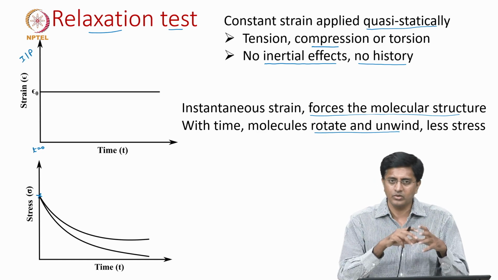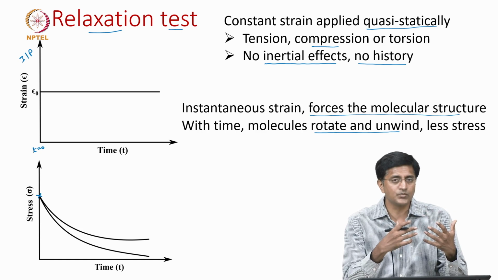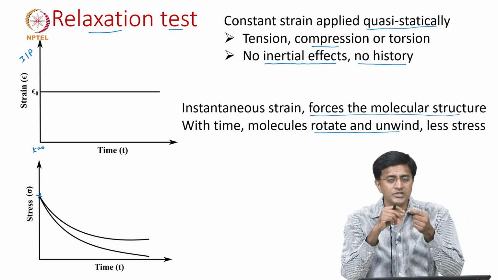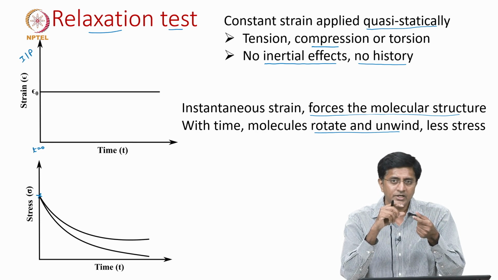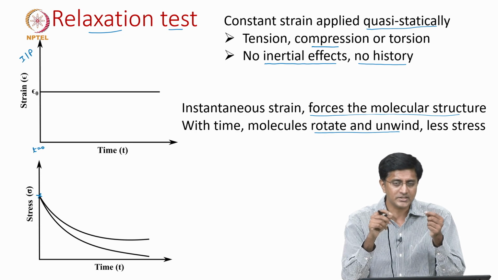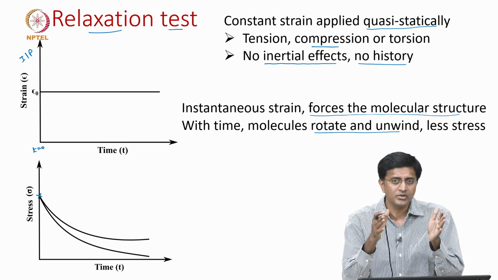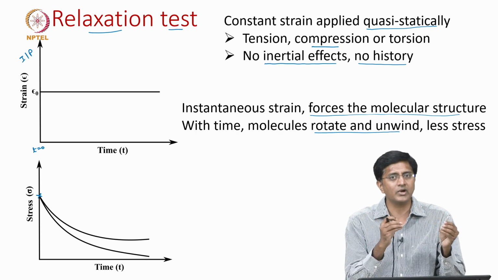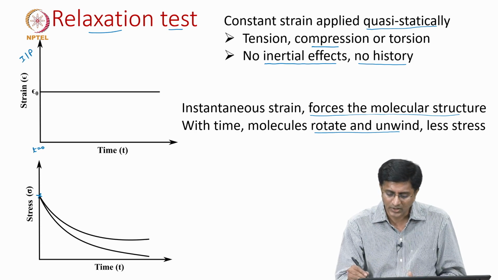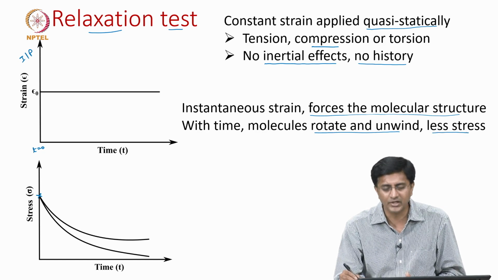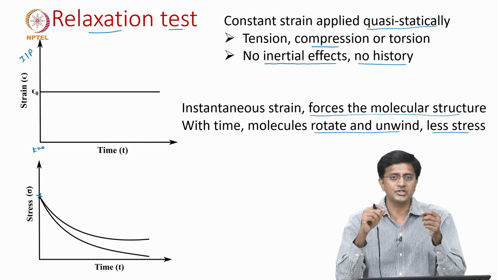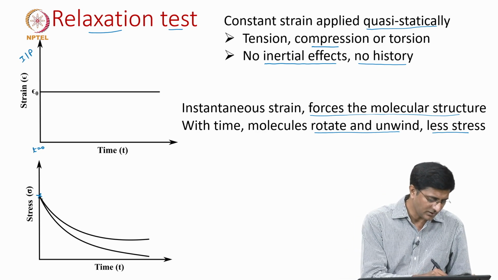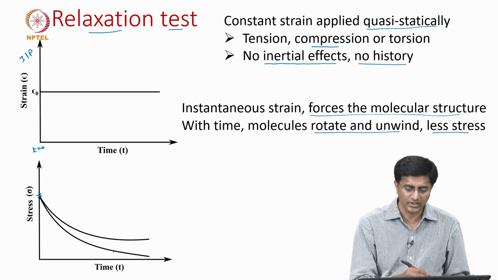Basically, we have forced these molecules to take a new position, but given time, since there is rotational freedom at the carbon atoms, the molecule can readjust its structure such that the same shape can be attained with less stress, or it is trying to go to a more equilibrium position. That equilibrium position will be attained with less stresses because it is readjusting to the new loading scenario. And as we can see, with time the stresses decrease.